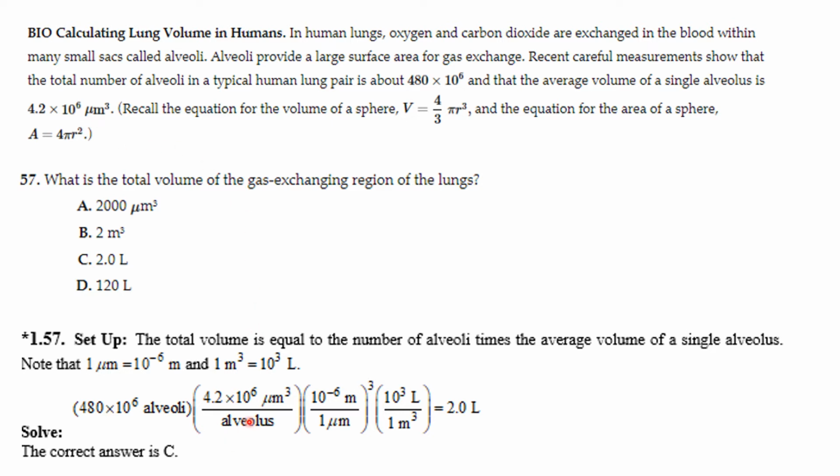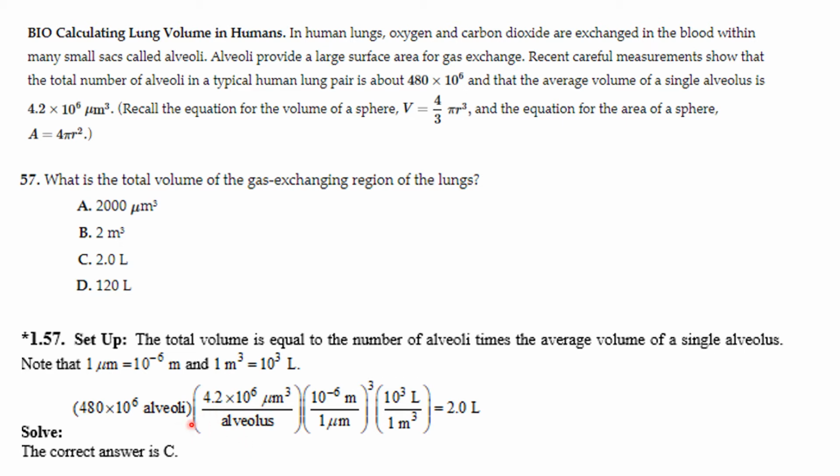Okay, so that means we start with that. So this is the number times the volume, but then we have to change that into units that make sense here. And so we're going to change this into liters to compare with the answers.